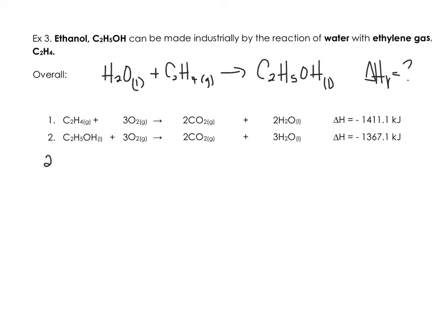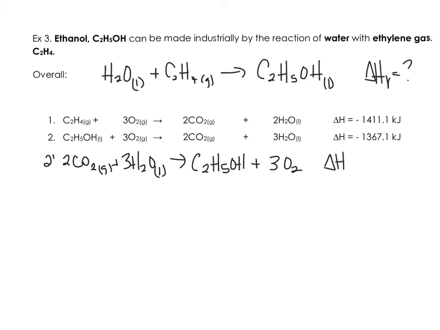So 2' becomes 2 CO2s and 3 waters goes to ethanol and 3 oxygens. And because we flipped it, it's the reverse reaction. The enthalpy change is now endothermic. Get rid of 2. I'm going to work with 2 prime.